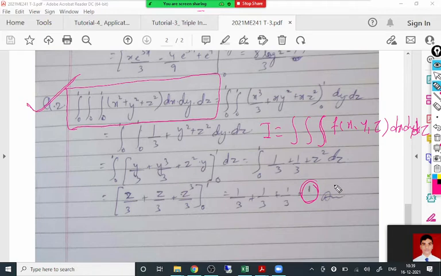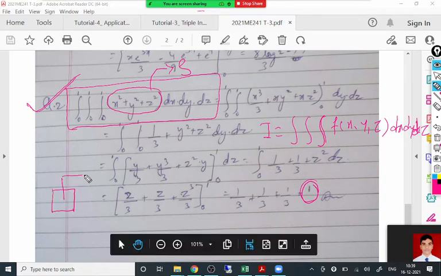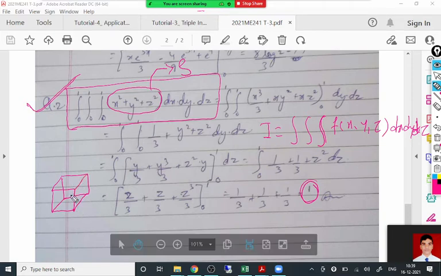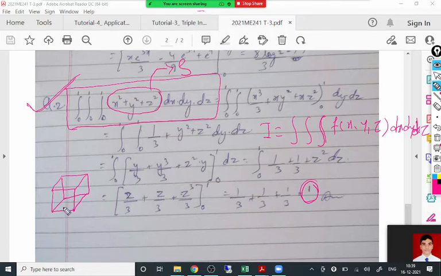But if I say this x square plus y square plus z square is the density of that cube, a 3D figure, then this cube has a variable density that depends on the point of the solid.